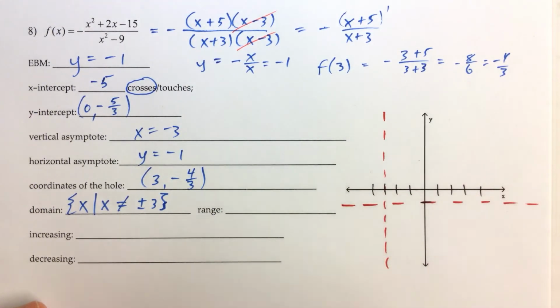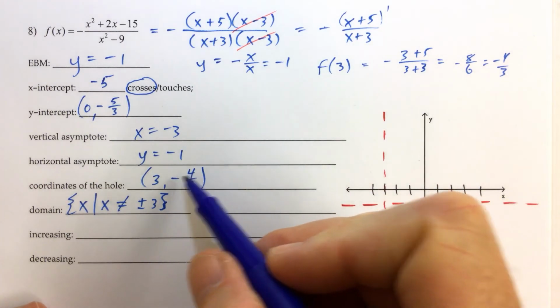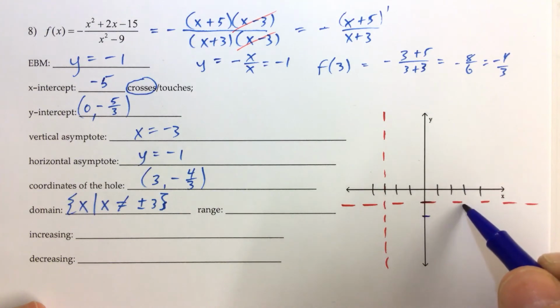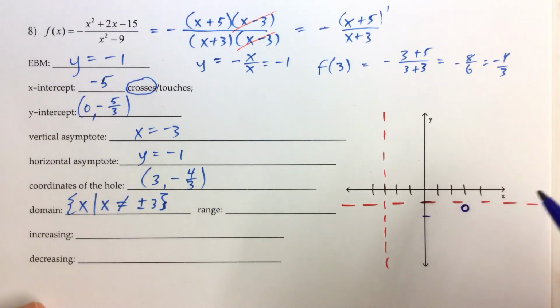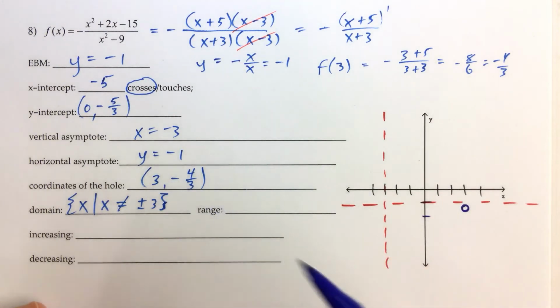We have a hole in the graph when x is equal to 3 and y is equal to negative 4/3. So negative 4/3 is negative 1 1/3. So we have 3 comma negative 4/3 would be somewhere right in there. We don't have to write the coordinates of that hole right there. We already have them here.